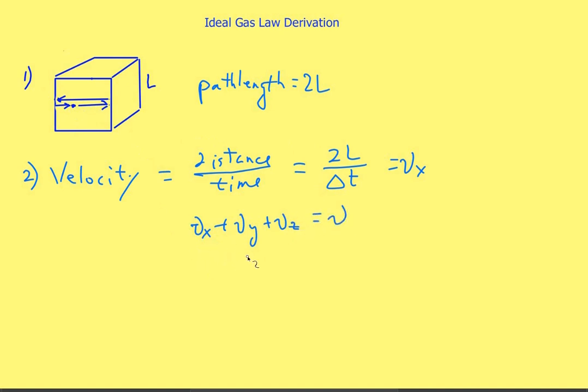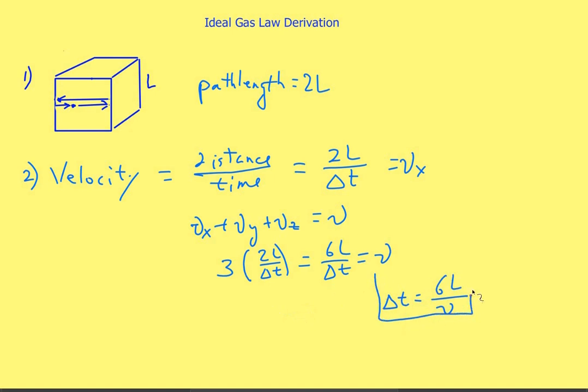And then if we substitute in 2L over delta t, we'd have three of those, Vx, Vy, and Vz, times 2L over delta t, which would give us 6L over delta t is equal to the general total velocity. And then also, and of most importance to me, delta t would be equal to 6L over v. This is the piece I want to use, and this is the reason that we went through this little bit.